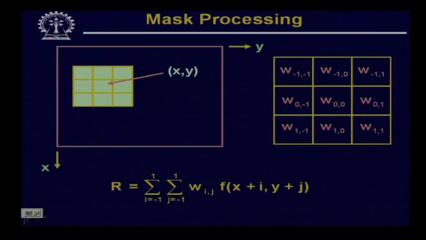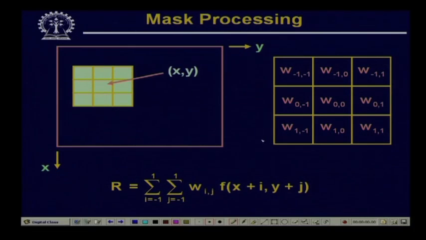So, there we have said that if I consider a 3 by 3 neighborhood like this, we take a mask of size 3 by 3. Here on the right hand side, this is a mask of size 3 by 3 having different coefficient values given as w(-1,-1), w(-1,0), w(-1,1) and so on, taking the center coefficient in the mask having a value w(0,0).